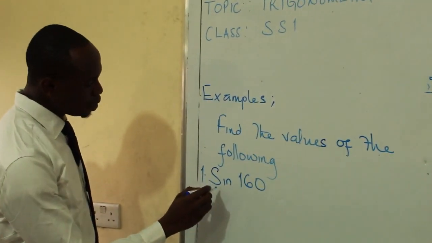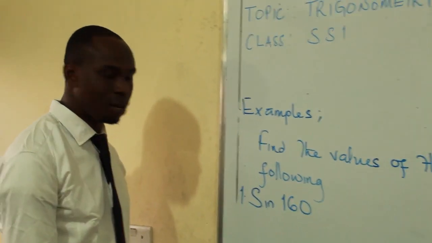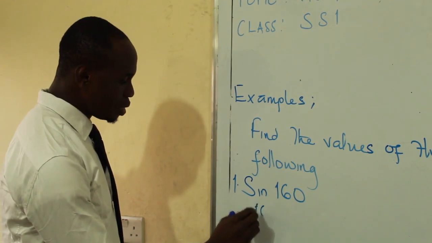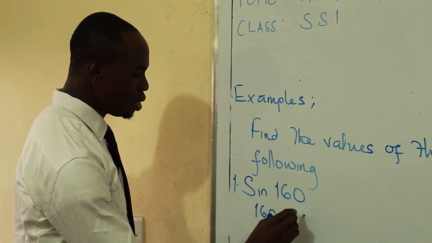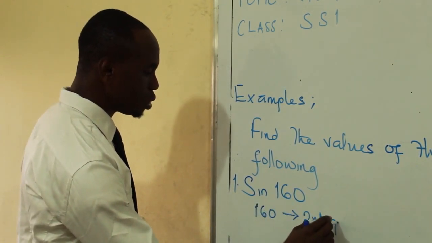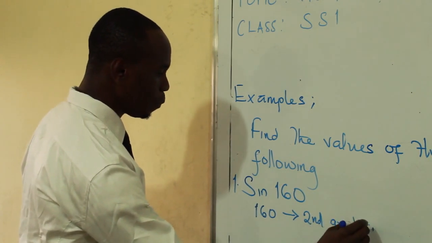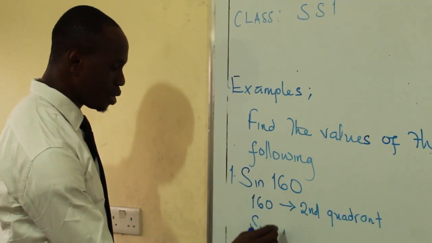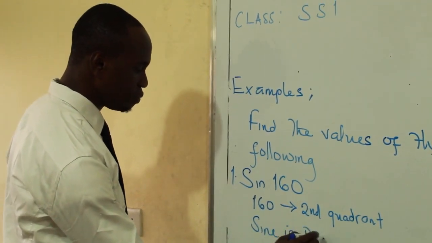The trigonometric identity here is sine, and the value here is 160. 160 is in the second quadrant. And in the second quadrant, sine is positive.